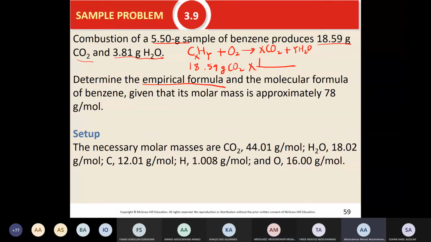There will be 12.01 gram carbon in each 44.01 gram CO2. What I wrote, is it right or wrong? It's right, because that is what we have when we look at the CO2. The mass of CO2 is 44.01, and there is only one atom of carbon, which is 12.01 gram carbon. This way, find the mass of carbon. Give me an answer.